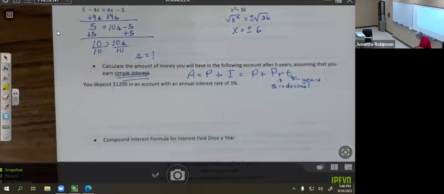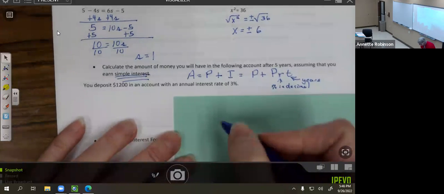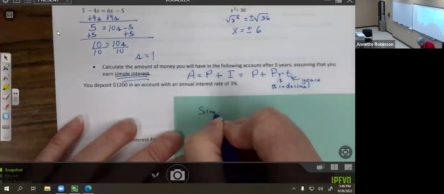Now, ladies, what I did is I gave you a green piece of paper. What we're going to do is put our formulas on that sheet so it'll be easier to find in our notes to refer back to when we're working on homework questions. The first formula I would put on there, and again, this is simple interest.